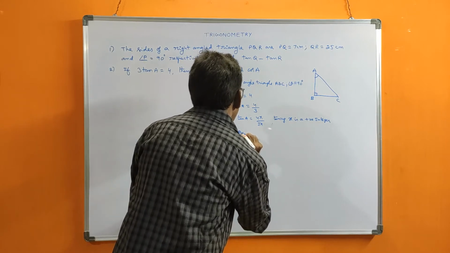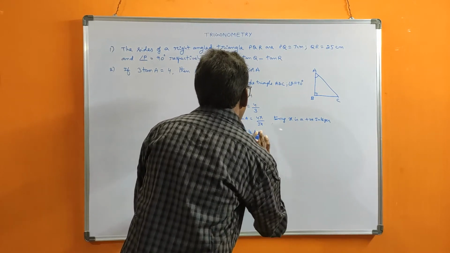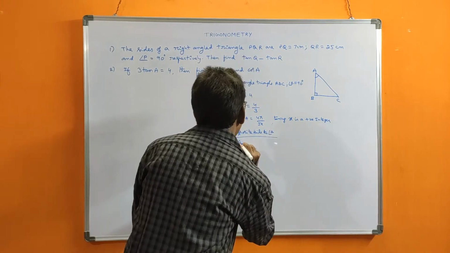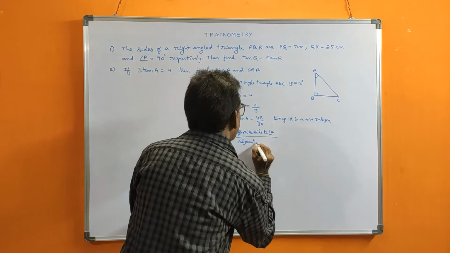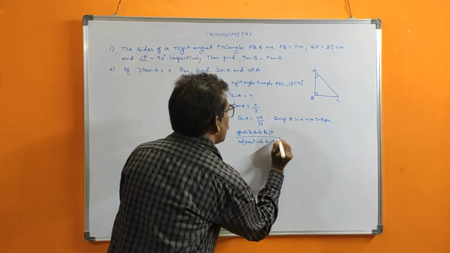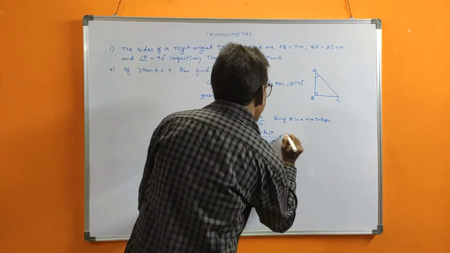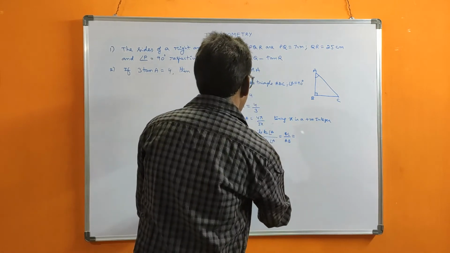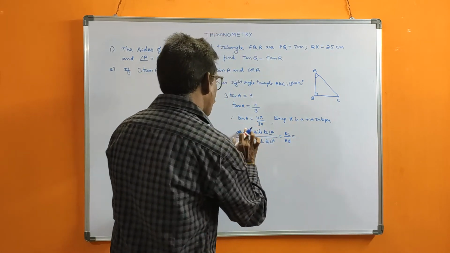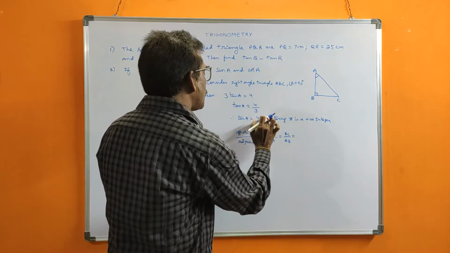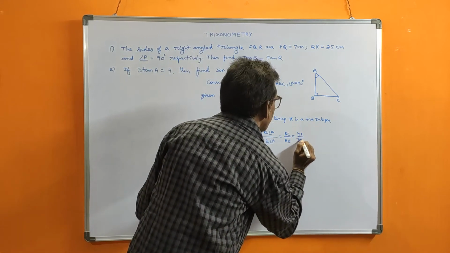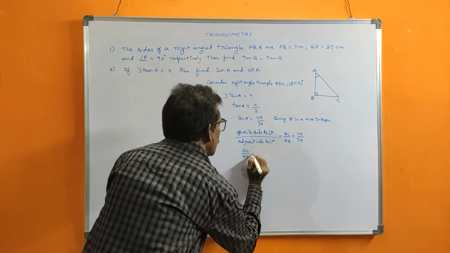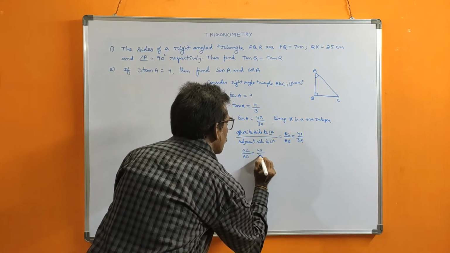Tan A is the opposite side to angle A by the adjacent side to angle A. From A, the opposite side is BC and the adjacent side is AB. The value given for tan A we write here, 4x by 3x. So BC by AB is equal to 4x by 3x.